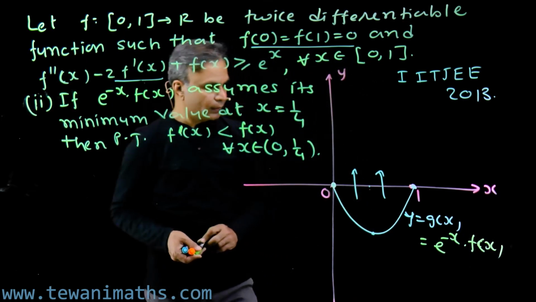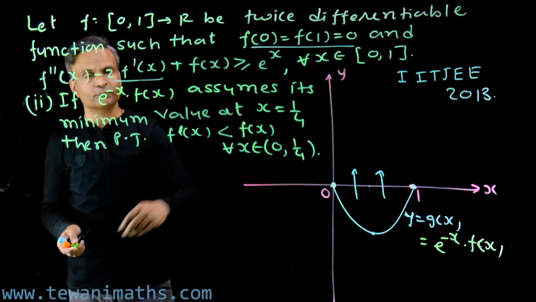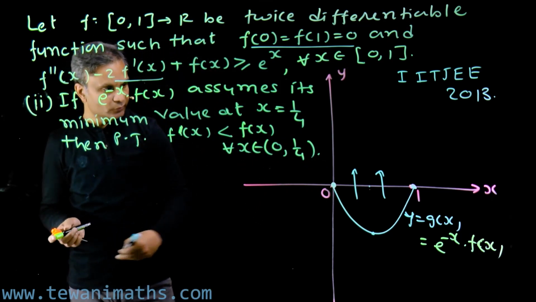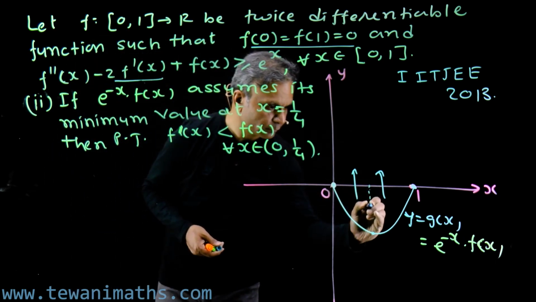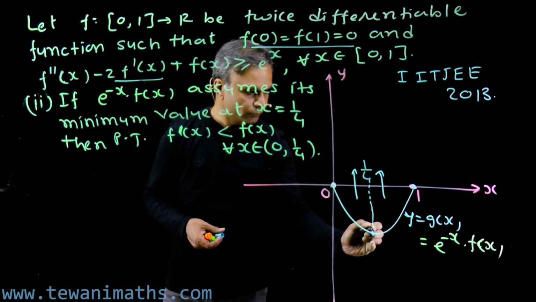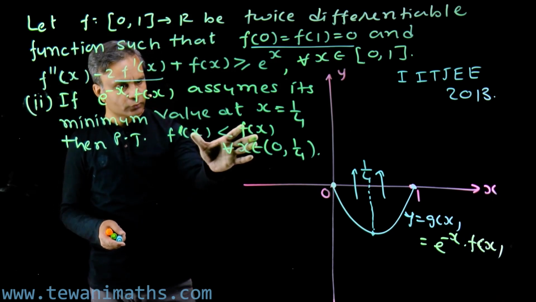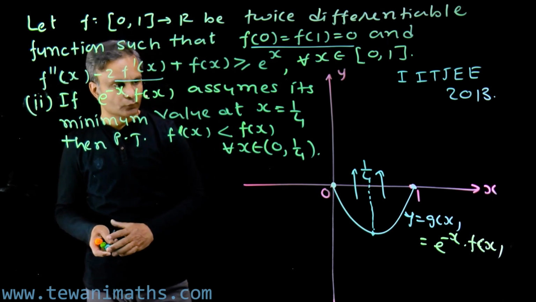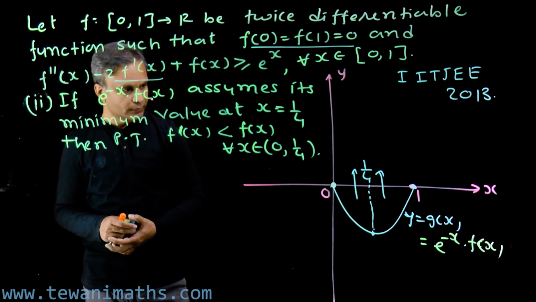Now function gx assumes its minimum value at x is equal to 1 upon 4. तो यहाँ पे वो पॉइंट कहाँ पे होगा? 1/4 is the point of minima. This is the point of minima which is 1/4. Then we have to prove this inequality for all x belongs to the open interval 0 to 1/4.